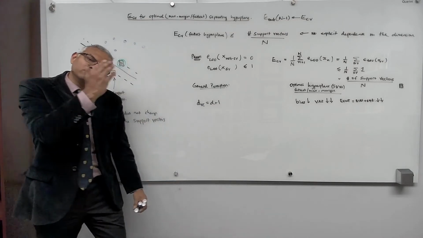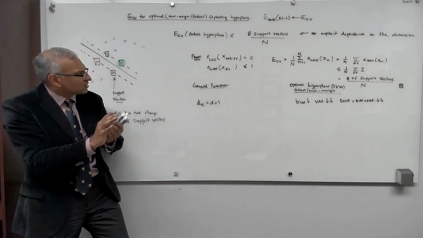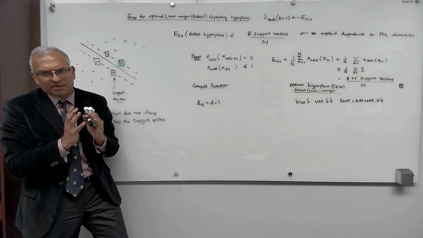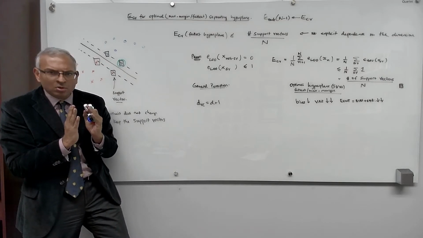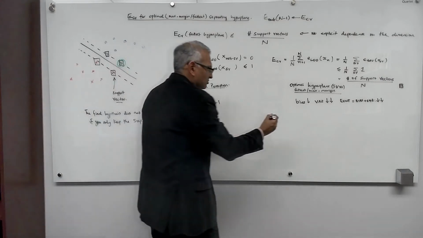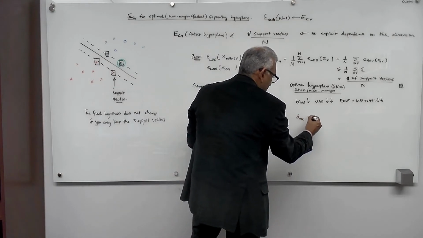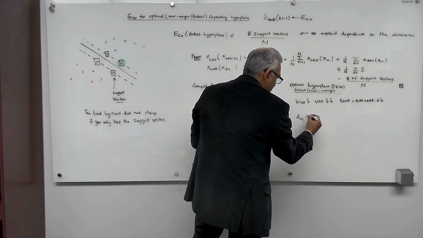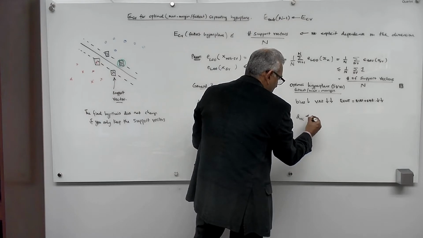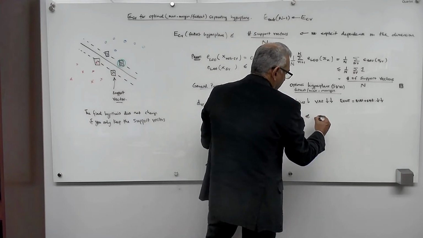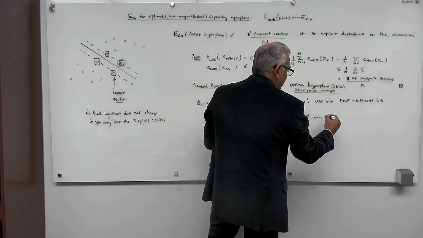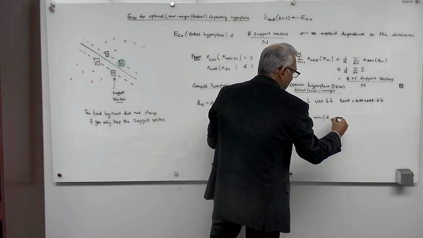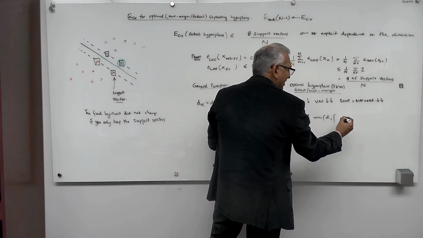Okay, but now we gave the argument that the fat separators could have a lower VC dimension. So the VC dimension is at most the min of D and the radius of the data.